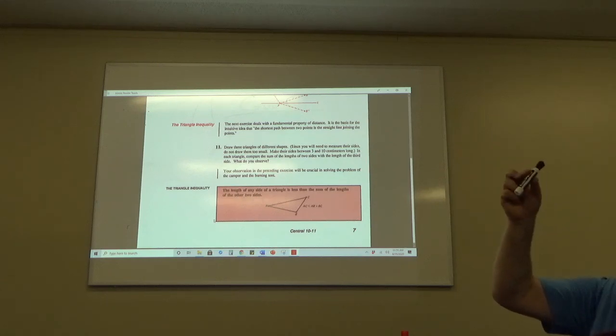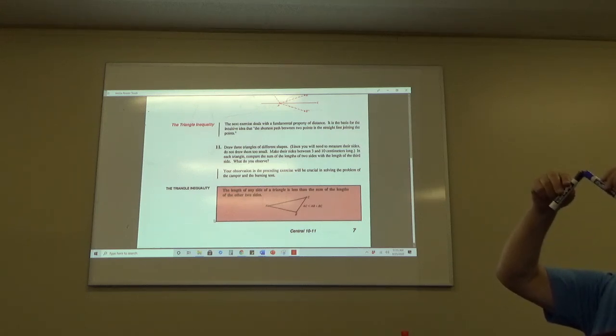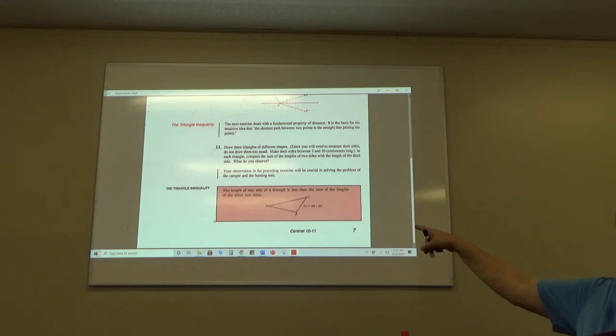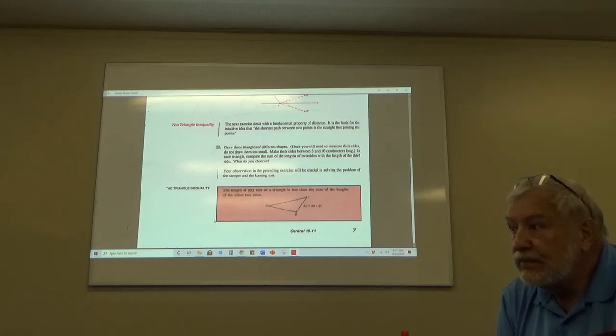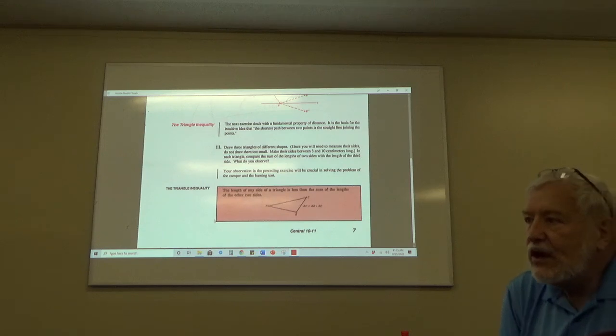So if I have two sides that I added together, the other side has to be smaller or less than the two sides added together. Look at the red. AC has to be smaller than the other two sides added together. That is called the triangle inequality.